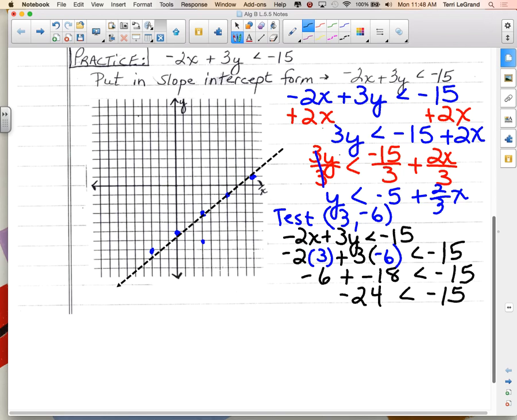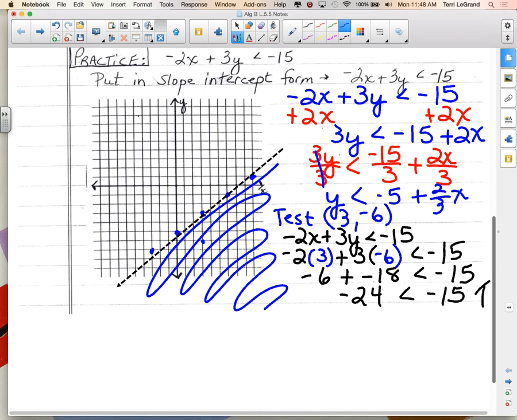We evaluate this statement and say true or false. Is -24 less than -15? Yes. Okay, so this is a true statement. So we just verified that that point should be on the shaded side. So now we're going to take our pencil and we're going to shade that side of our coordinate line.